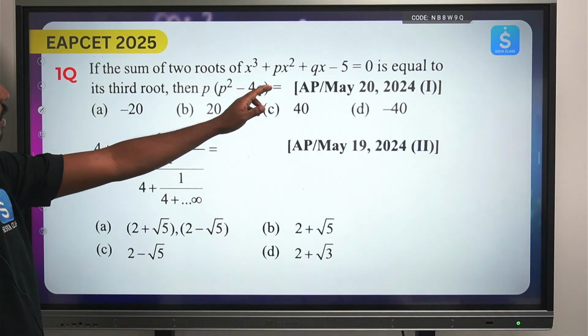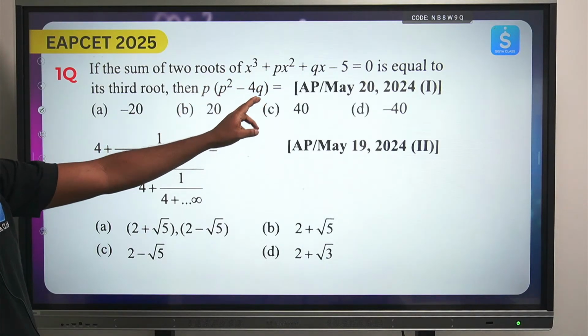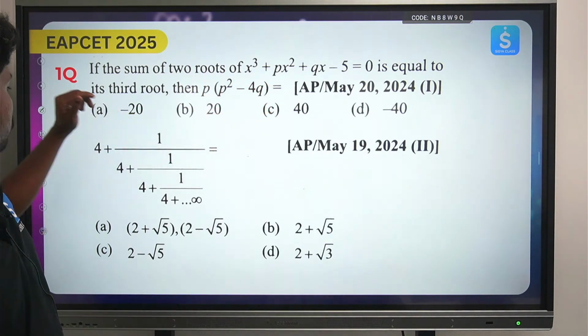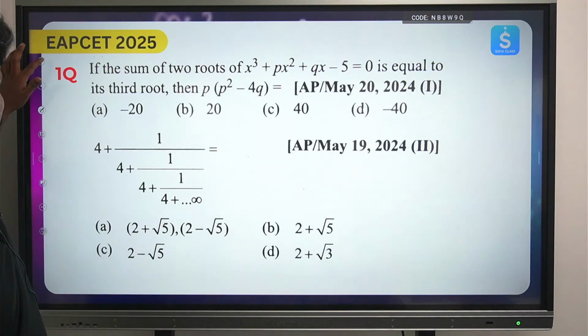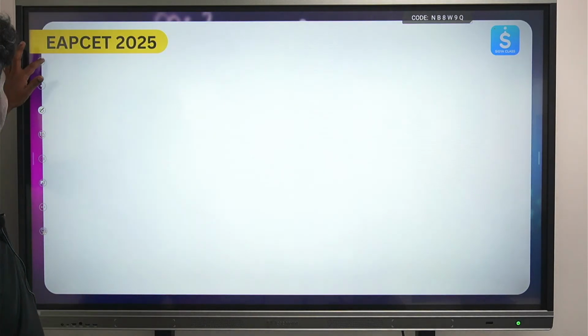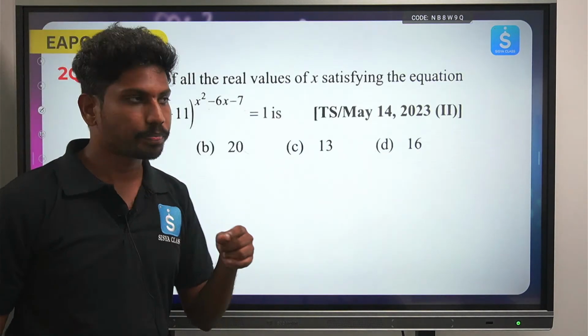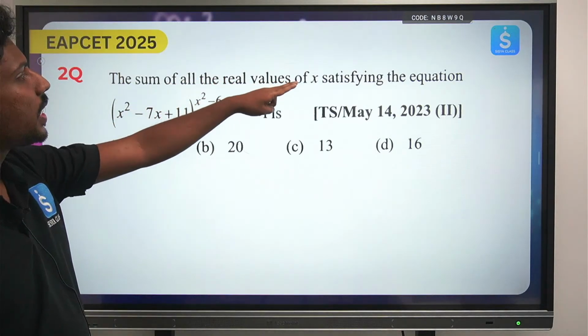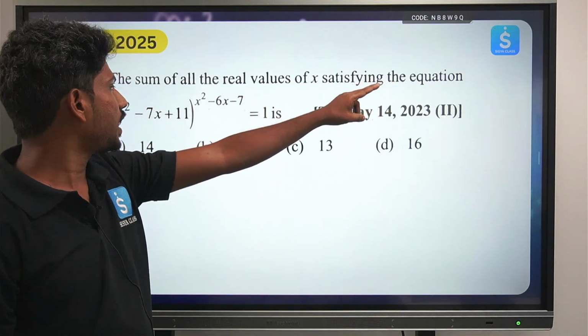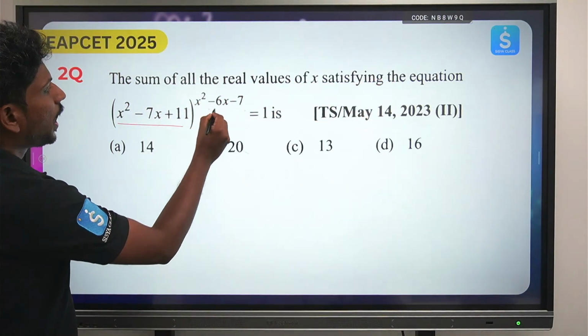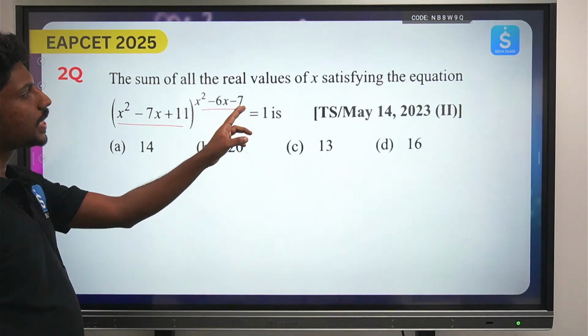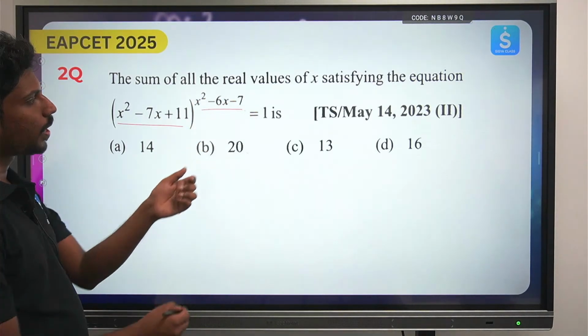Here we have a question like this: the sum of all real values of x satisfying the equation x square minus 6x minus 7 equals 1 is.